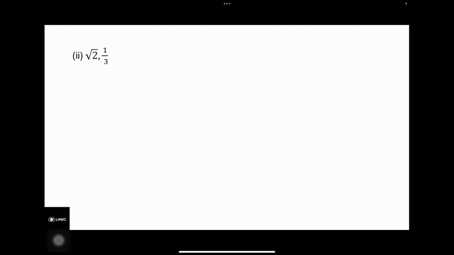Second question, we have alpha plus beta as root 2 and alpha into beta as 1 upon 3.